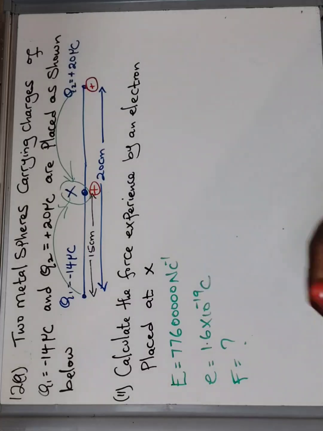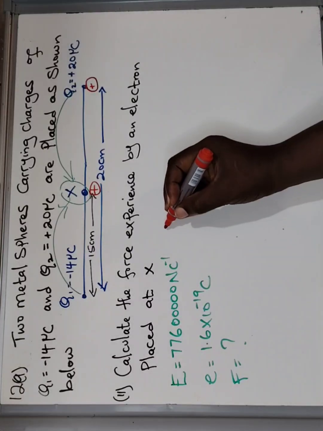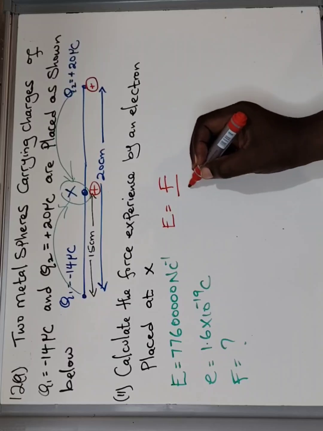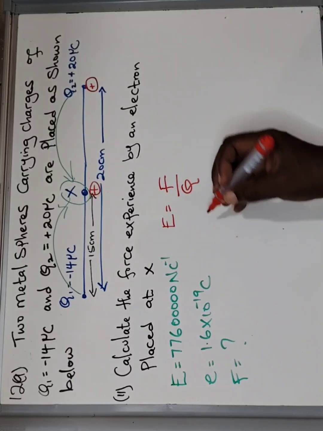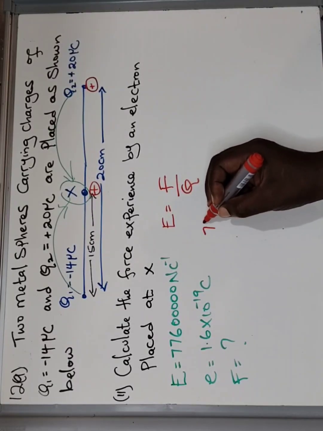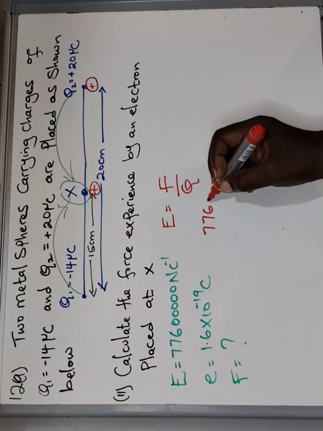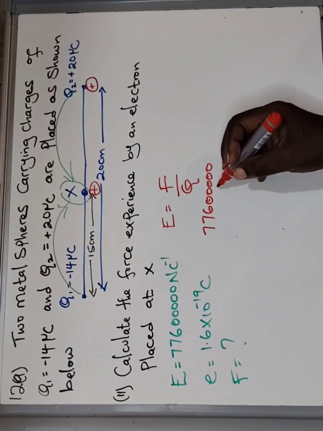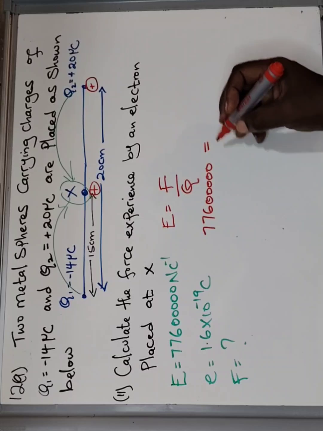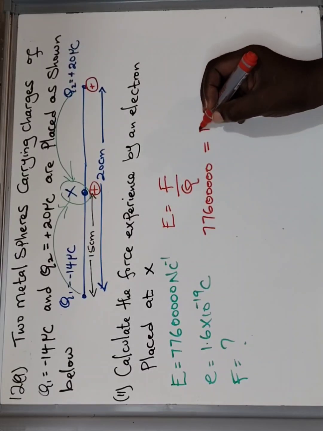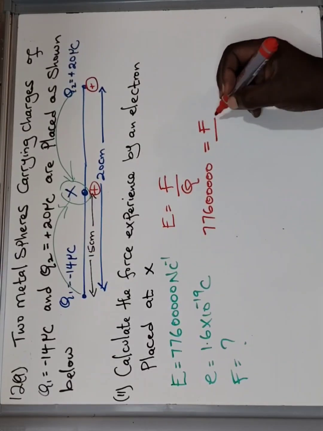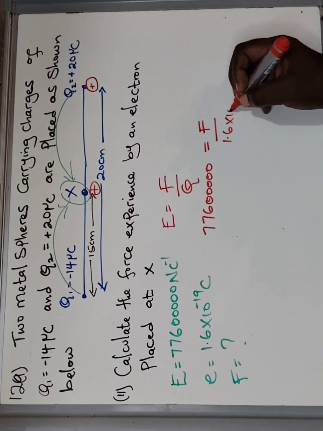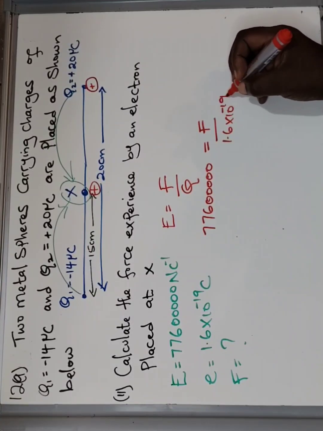So when you look at this data, it gives you this formula, which is E is equal to F over Q. So E is known, it is 77,600,000, which is equal to F over the charge, which is 1.6 times 10 power minus 19 coulomb.